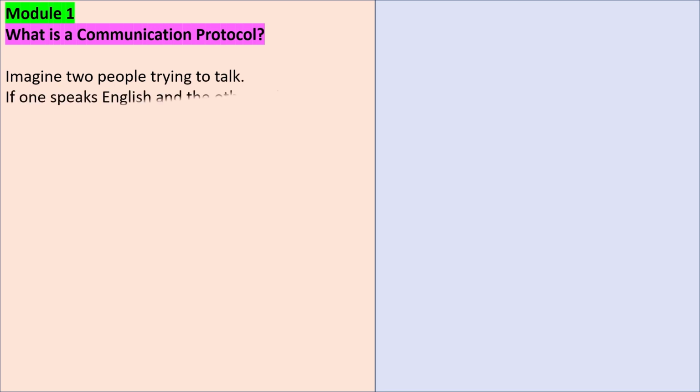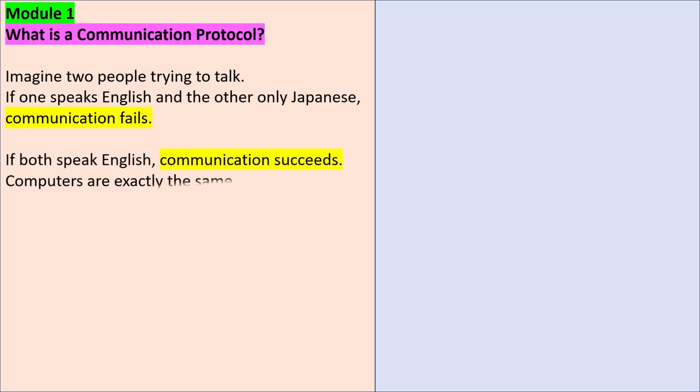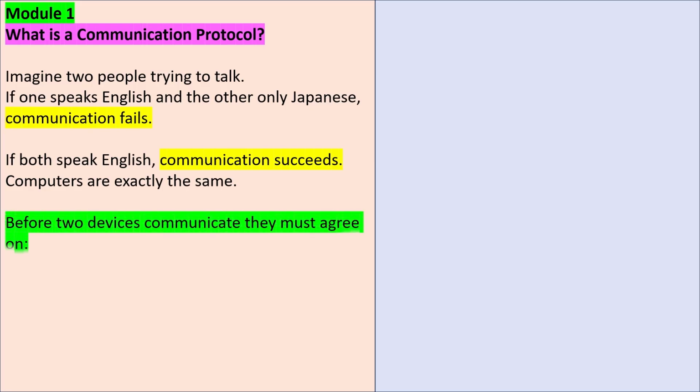Module 1. What is a communication protocol? Imagine two people trying to talk. If one speaks English and the other only Japanese, communication fails. If both speak English, communication succeeds. Computers are exactly the same.